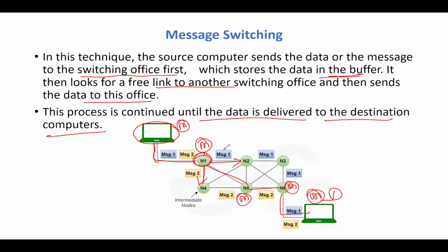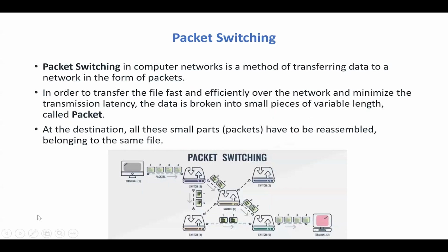So every switching office within the network will store the data and then forward the data to the next node. That is how your message switching works, unlike your circuit switching. All right. The last type of switching is called packet switching.